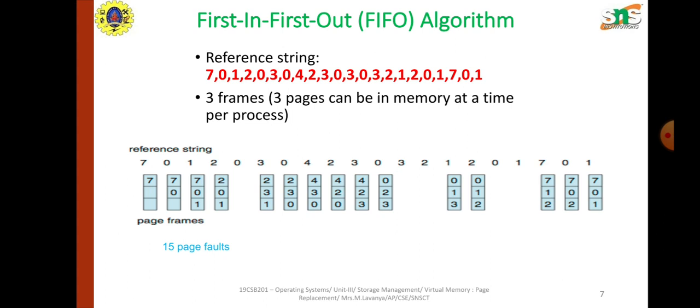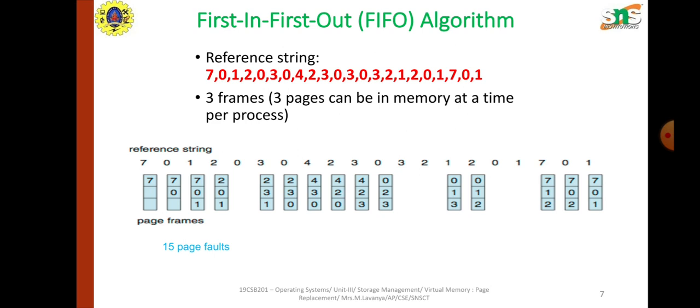Next, the arrival string is 3. While checking the frame, 3 is already available in the frame, so we are not making any modification. We are just keeping the value of 3. Then the next value arrived is 2. When we compare the frames, 0, 2 and 3 are the values available. Since 2 is already available in the frame, we are skipping this value and moving to the next string.